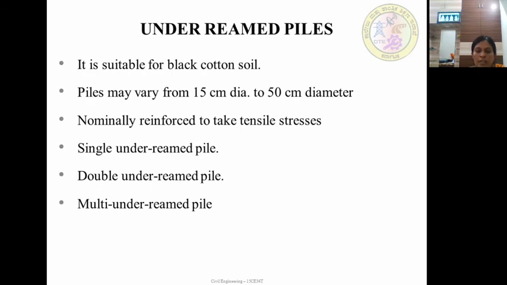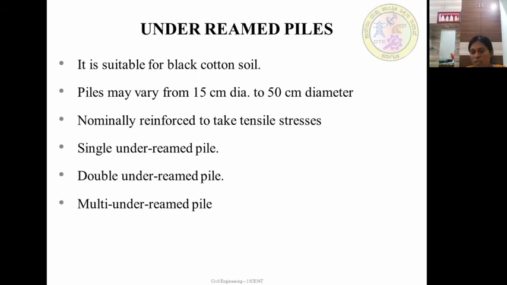The load carrying capacity can be increased by more bulbs at the base. The vertical space between two bulbs varies from 1.25 to 1.5 times the diameter of the bulb.